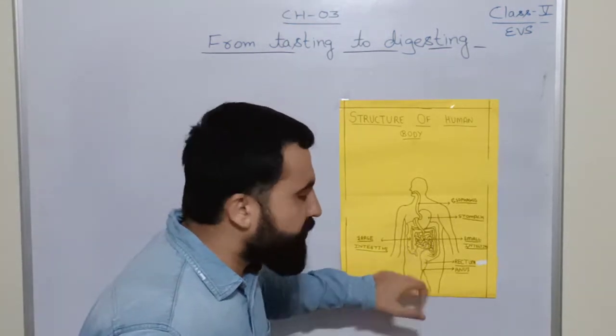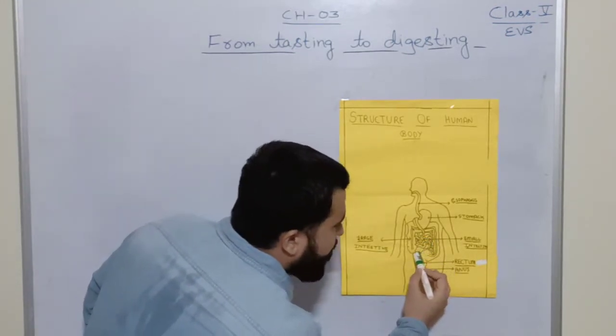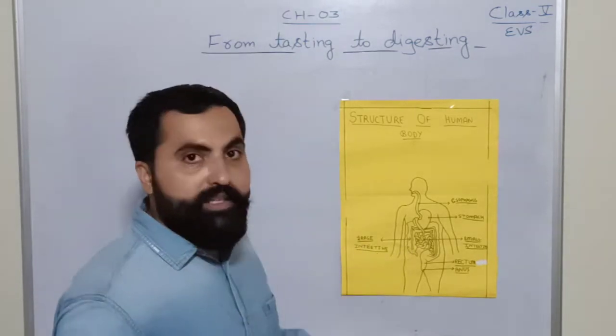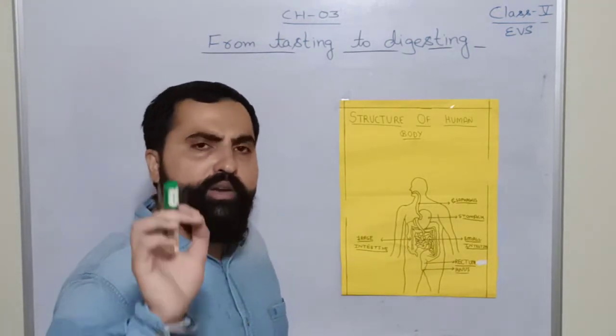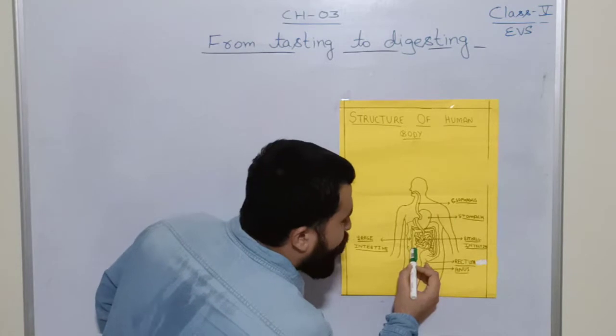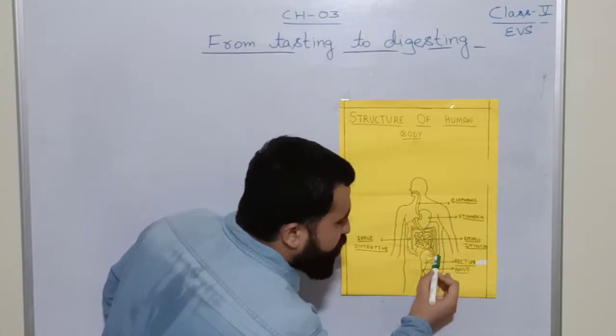That goes into the large intestine. In the large intestine, water is absorbed. Only water is absorbed. After that, the food goes to the end of the large intestine and is stored there.